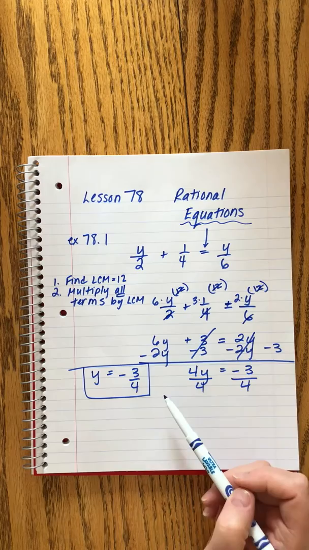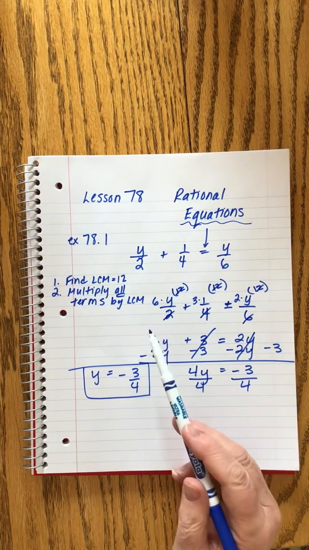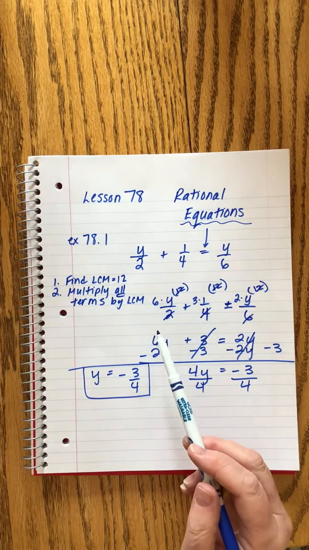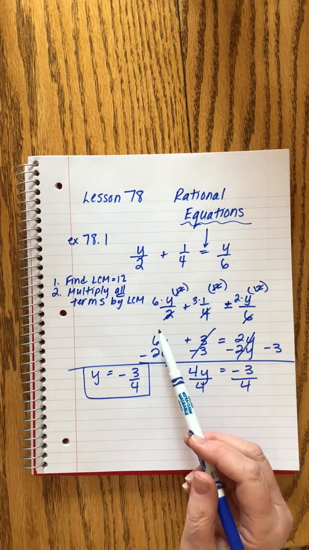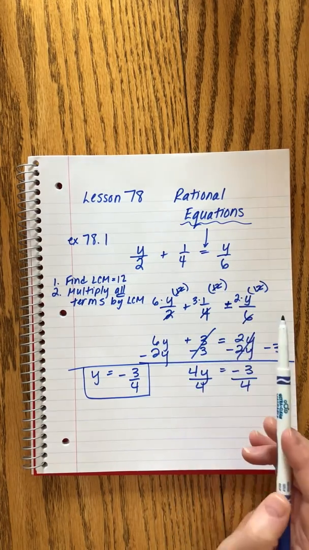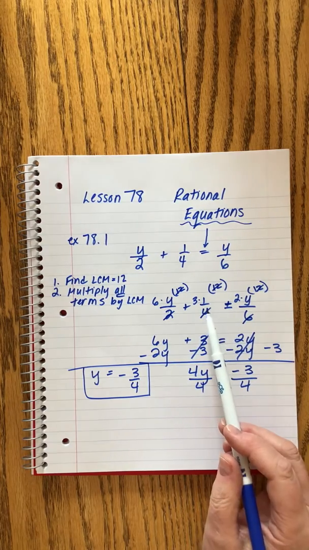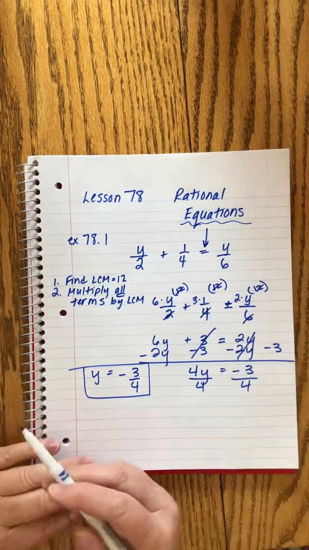We end up with a fraction in the end, but we don't have to do anything with it in this particular problem. So that's how we can get rid of denominators, or as I like to say, we can blow them up in equations. Again, it does not work for expressions that have no equal sign. This only works when we have the equal sign.